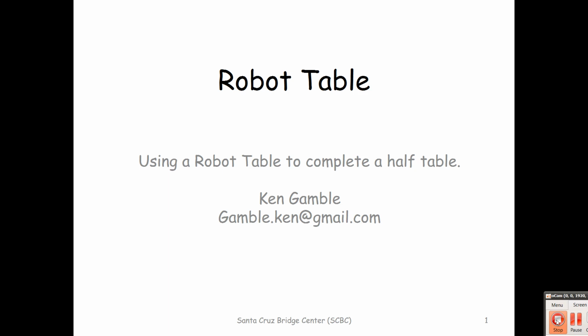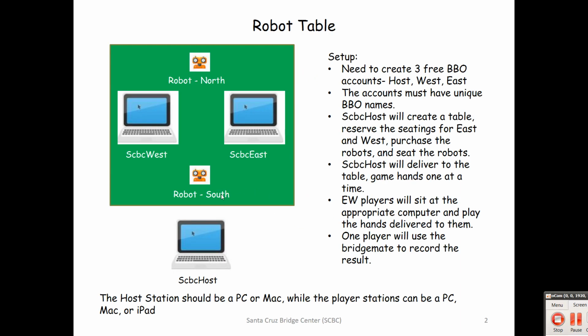The director in charge will probably be the person running the robot table. The robot table will contain two PCs, two computing devices, and you need a third one for the host. These computers can be either a PC or a Mac or an iPad.